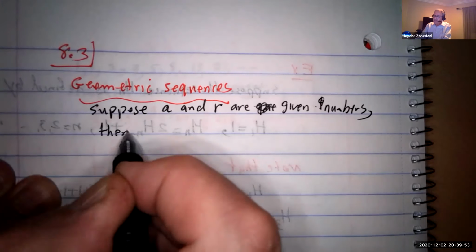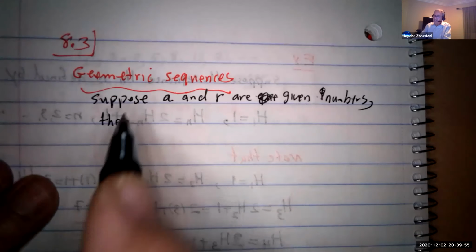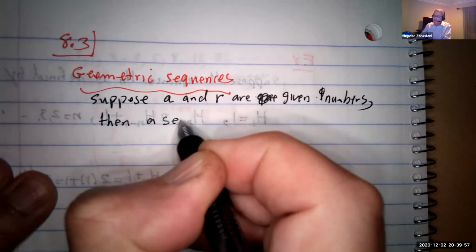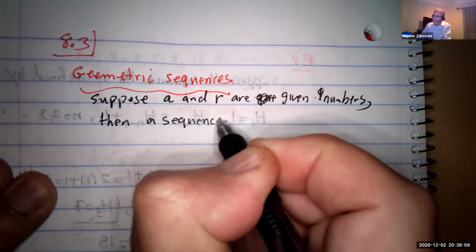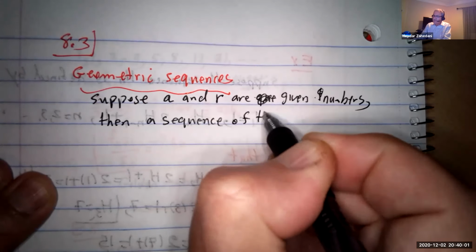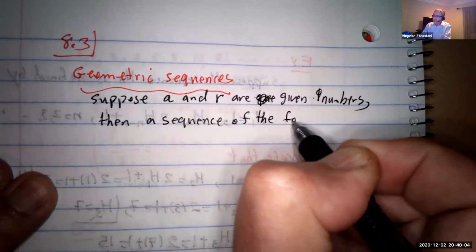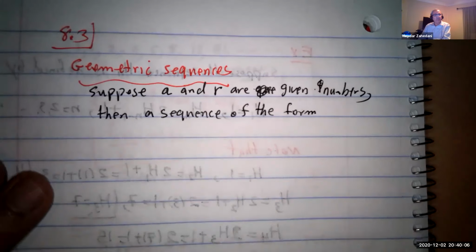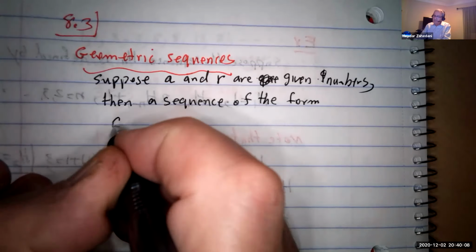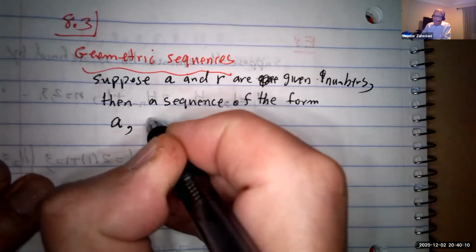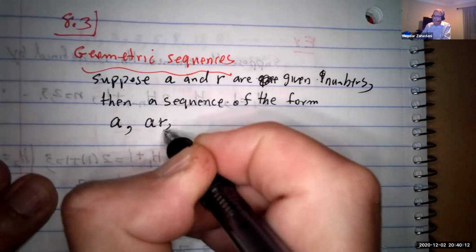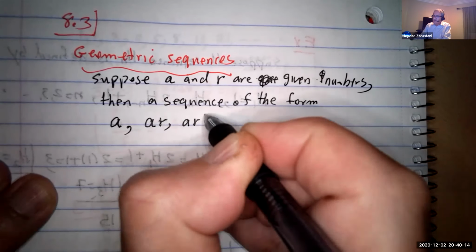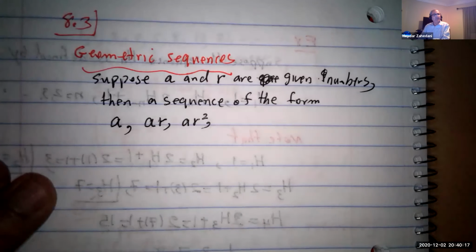Then, a sequence of the form. This is going to be the form. We start with the first number A, then we start multiplying by R. You see A times R, A times R squared, and then we continue.